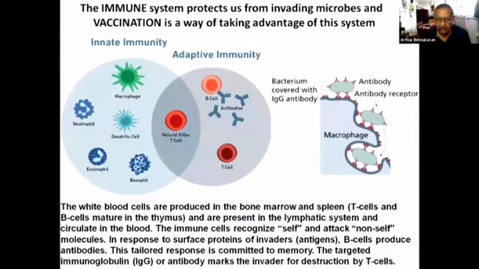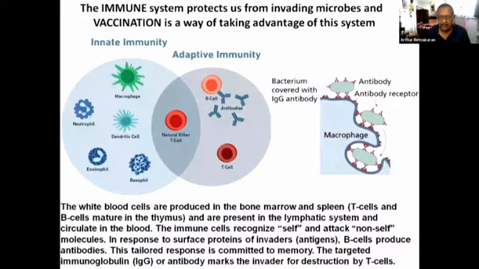Basically, our immune system consists of two groups, innate immunity and adaptive immunity. The innate immunity is the first line of defense. In this first line of defense, you have the white blood cells consisting of macrophages, neutrophils, dendritic cells, eosinophils, and basophils. As soon as a foreign organism comes in, these cells attack and destroy this invading organism.